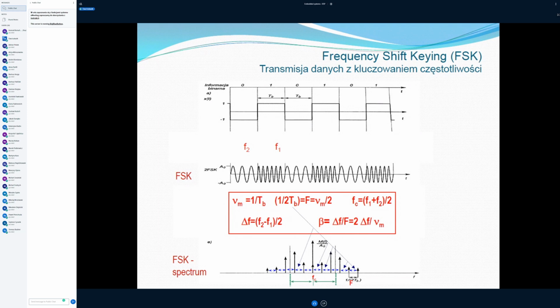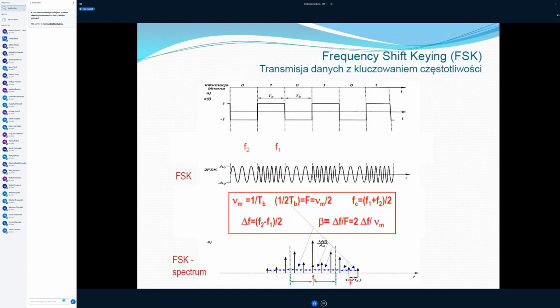So this frequency difference is important to calculate the modulation index. This modulation index is the most important parameter in frequency modulation or in frequency keying.